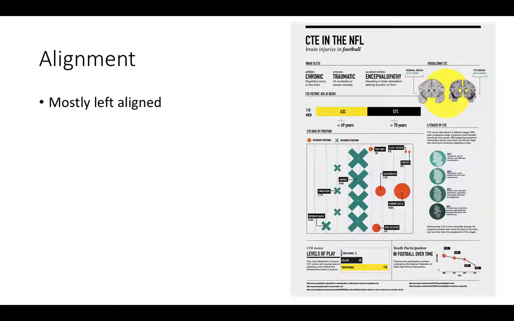In terms of alignment, you can see that actually all of my text and my graphics are left aligned in here. That was what was employed by my model. It was fairly simple, not a lot of variety.